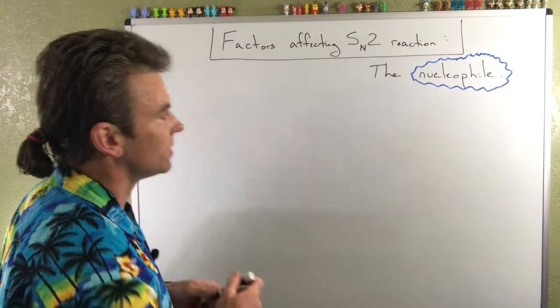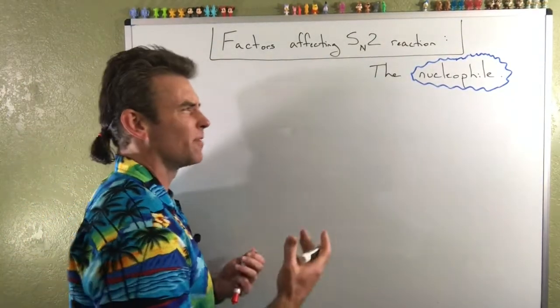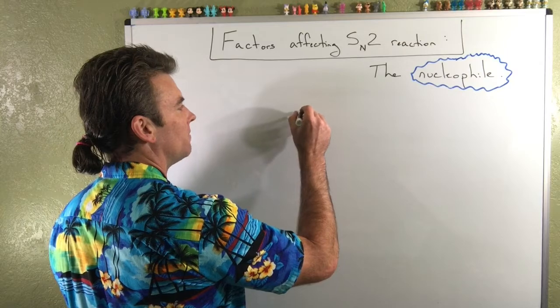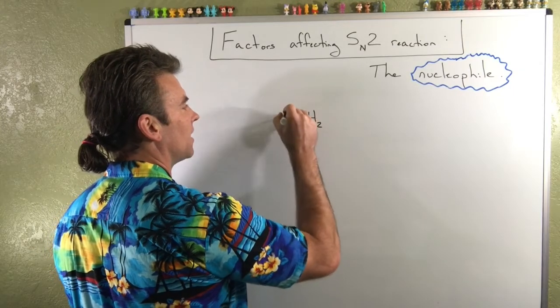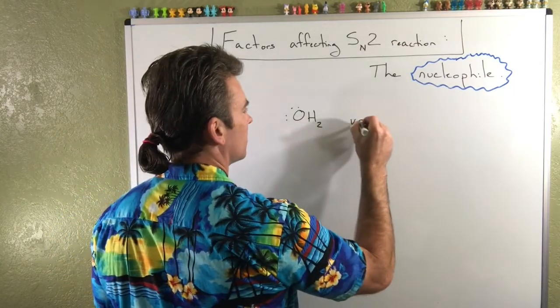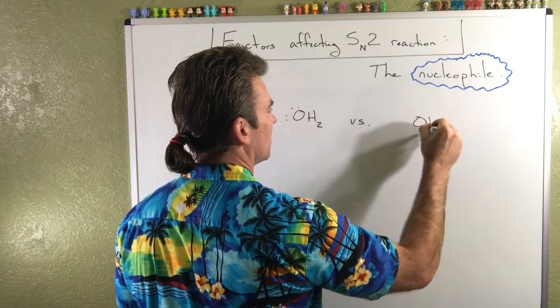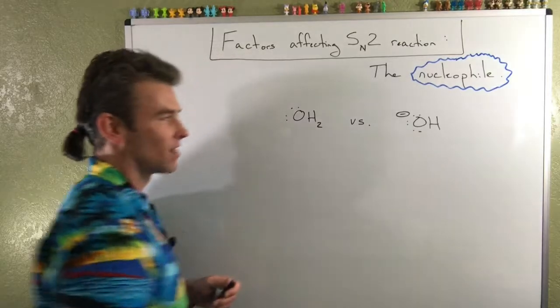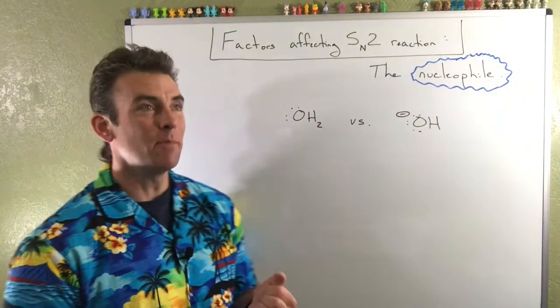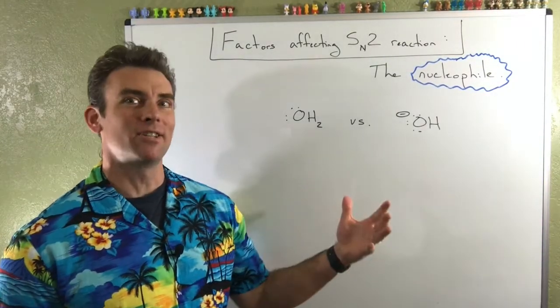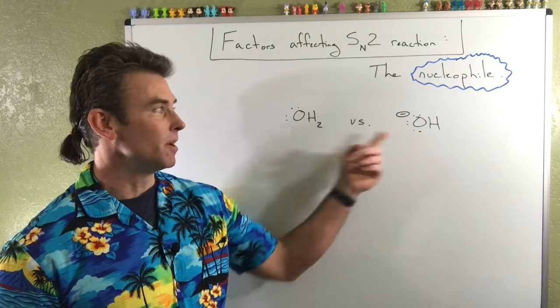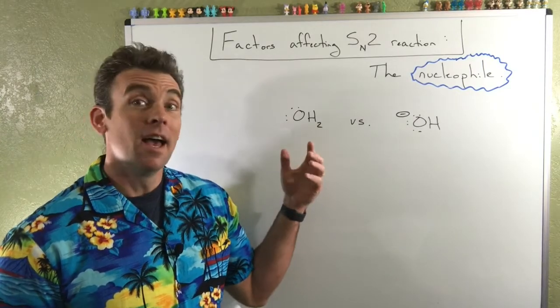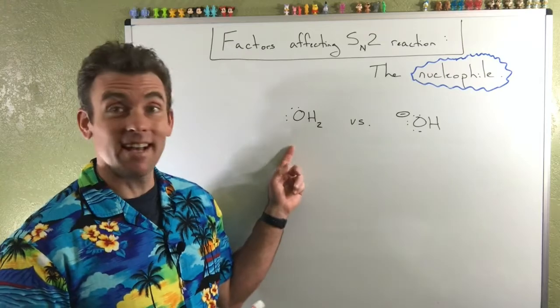So let's talk about another couple of issues with the nucleophilicity of something. One of those issues we've already talked about really: if you take a look at water versus hydroxide, keep in mind that something with a minus charge is definitely going to be a better nucleophile than something like this. It's not to say that this cannot act as a nucleophile.